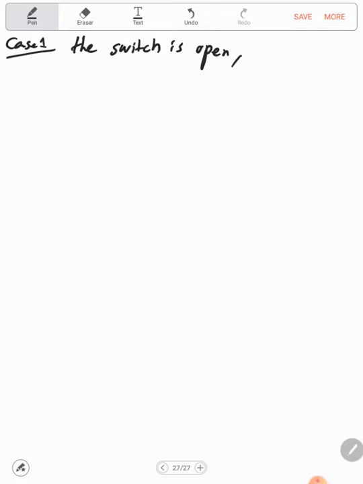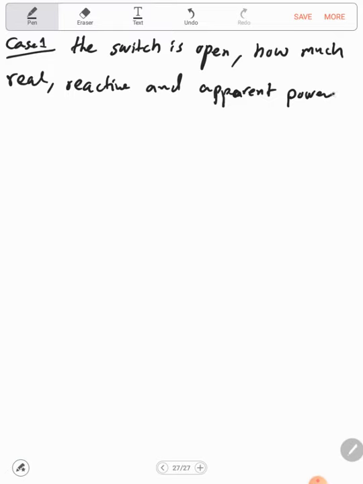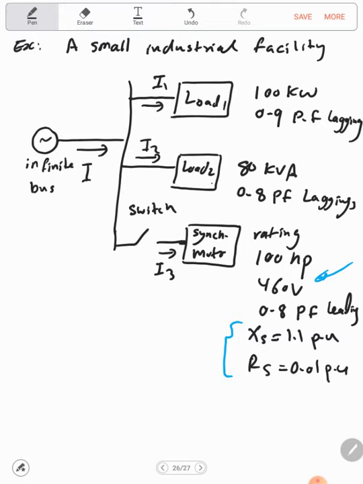We need to calculate how much real power, reactive power, and apparent power are supplied to the plant, and we need to calculate the total current IL. So this will be the IL.